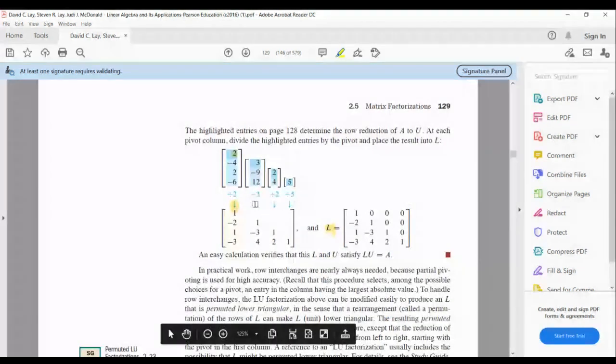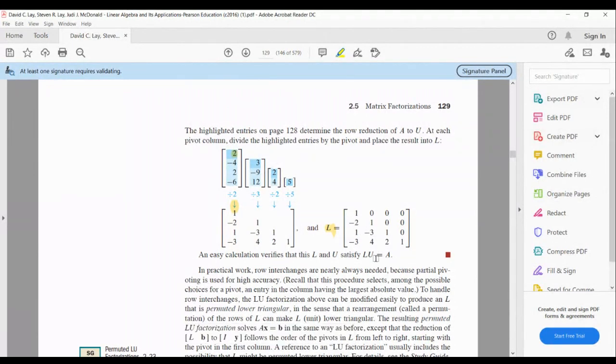You're going to divide by 3, and that produces the second column of the lower unit triangular matrix. And notice 3 times 1 added to -3 is 0. -4 times 1 added to -4 is 0.